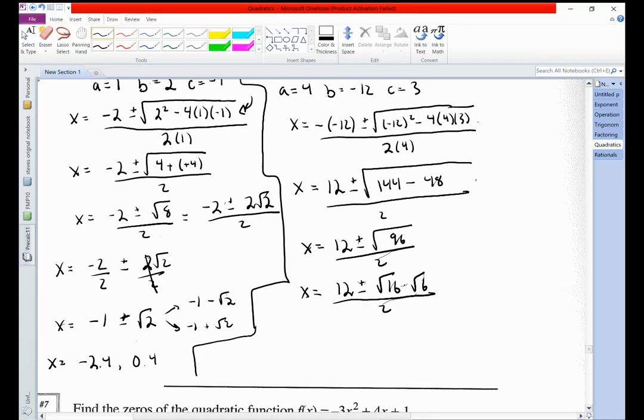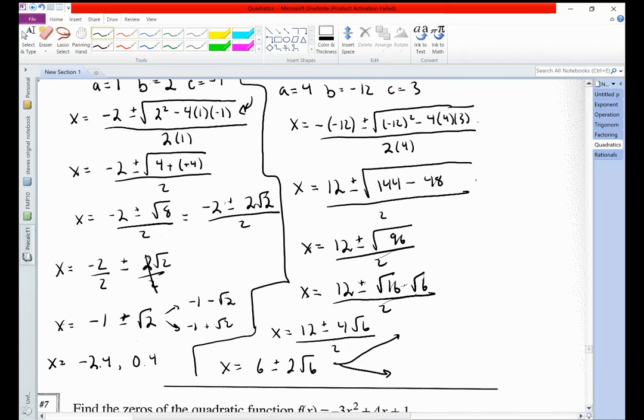And then we know that is going to be 12 plus or minus 4 root 6 all over 2. And so we can say 12 divided by 2 is 6, plus or minus 4 divided by 2 is 2 root 6.